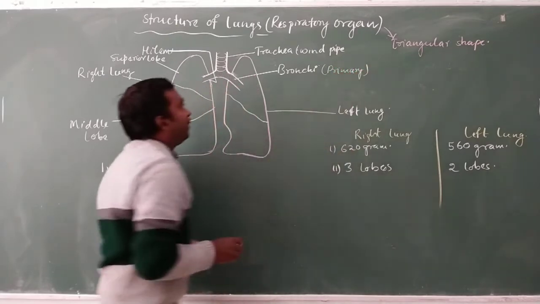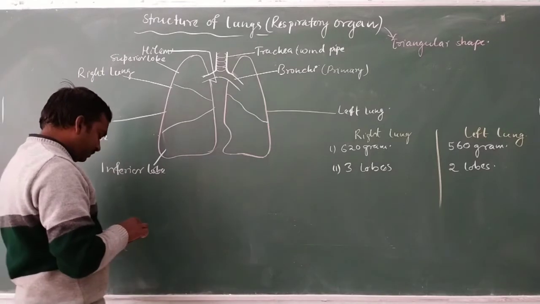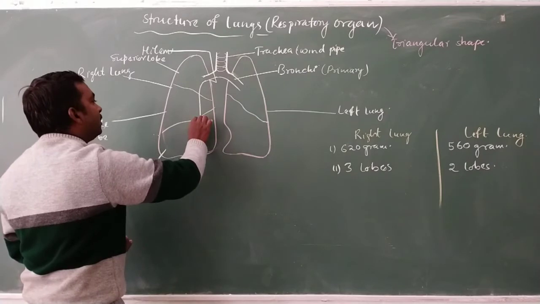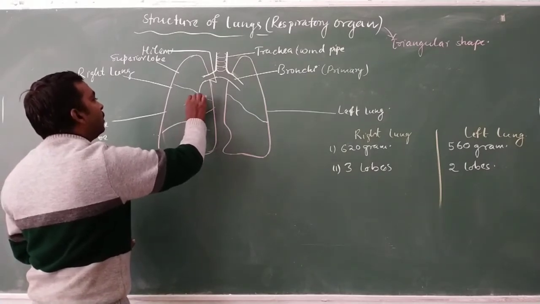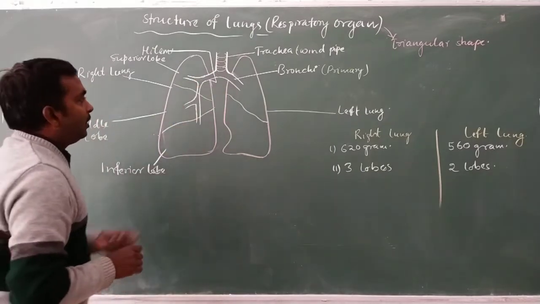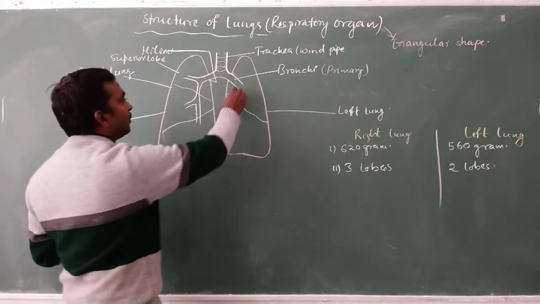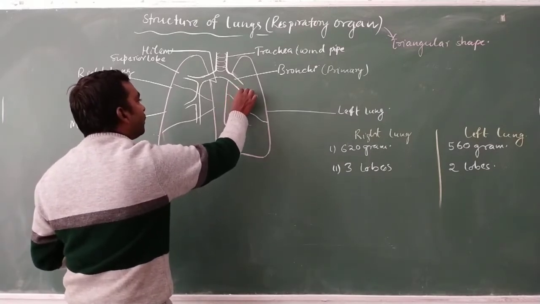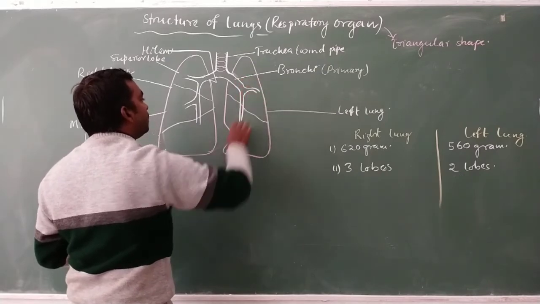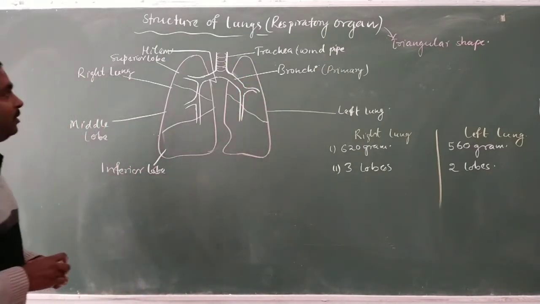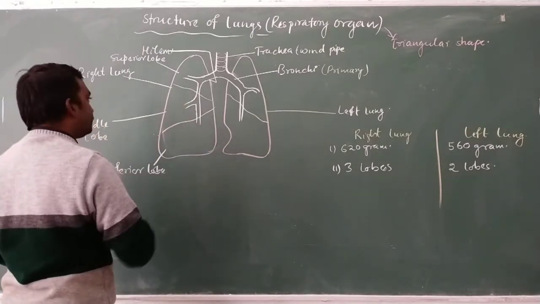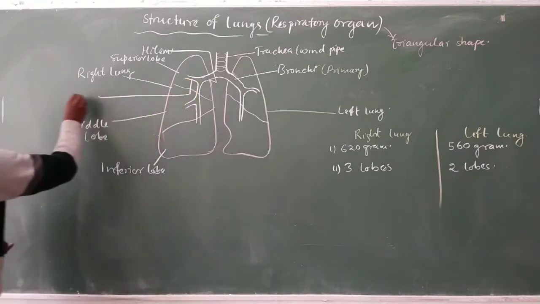When it enters into the lung, it is divided into branches. In the right lung, there are three branches of the primary bronchus. The primary bronchus is again divided into the secondary bronchus.